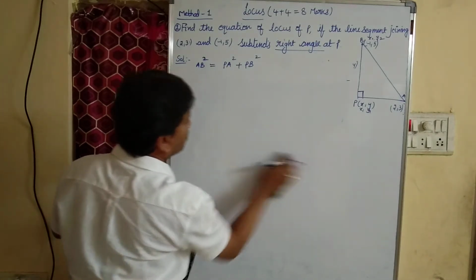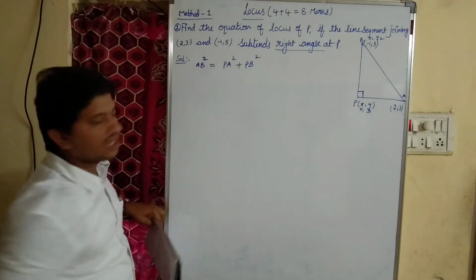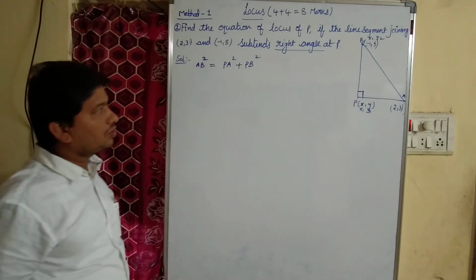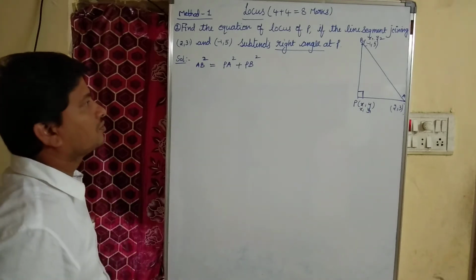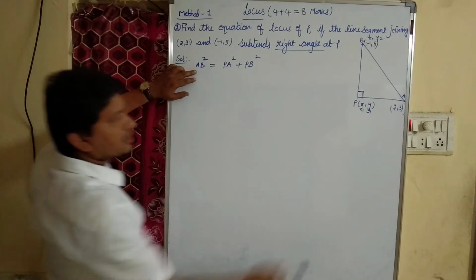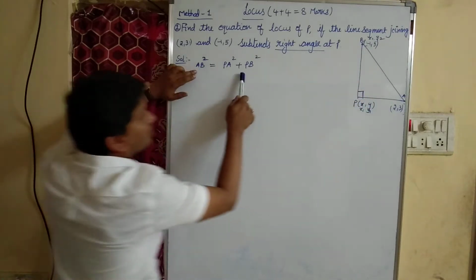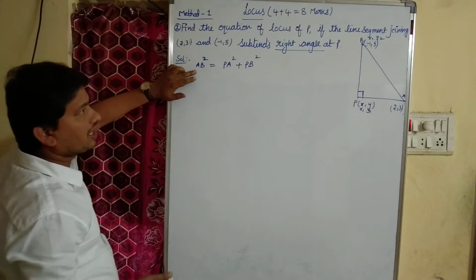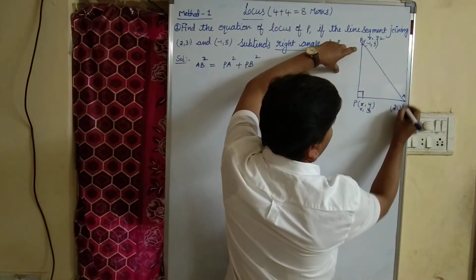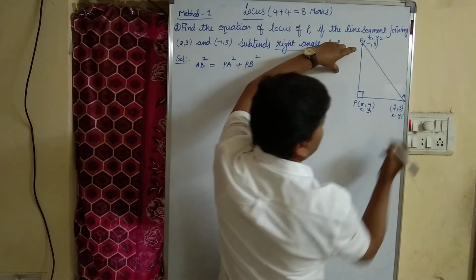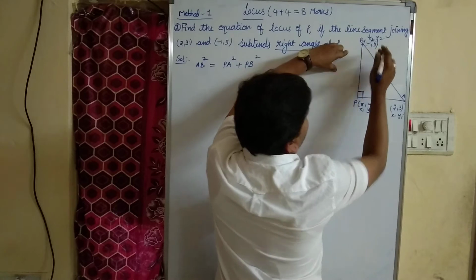Okay children? As we know, according to Pythagoras theorem, square of hypotenuse is equal to sum of the squares of the other two sides. So AB square equals PA square plus PB square. Now distance between A and B: this is A, x1 y1, and this is B, x2 y2.